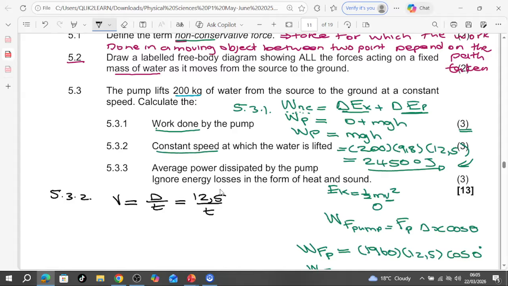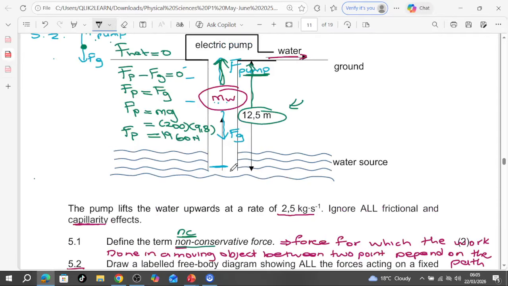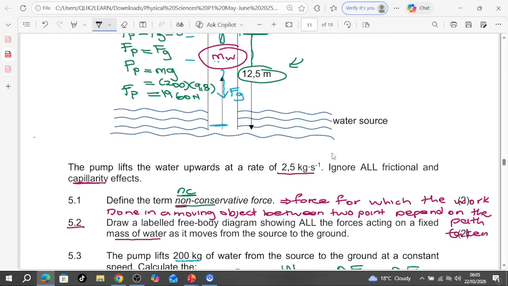So now how are we going to find the time? Guys, remember that this is water going up, and looking at the rate that we are given here.